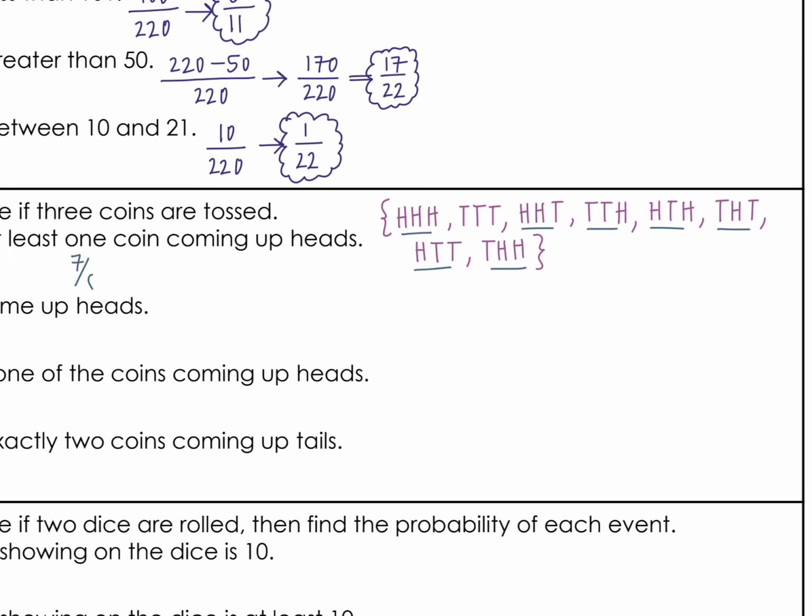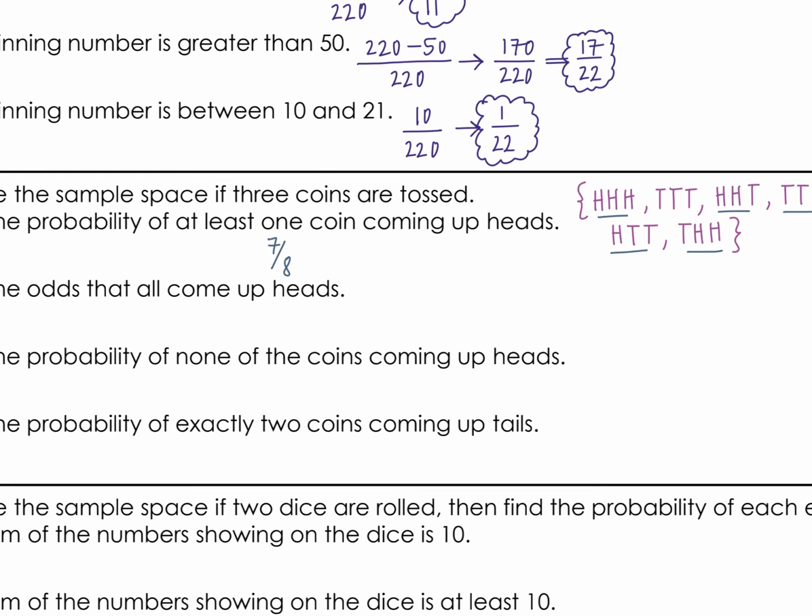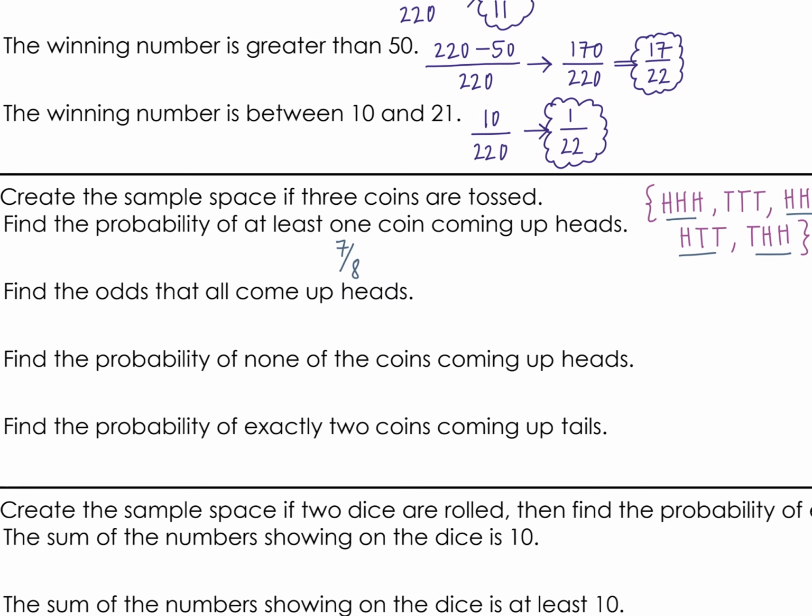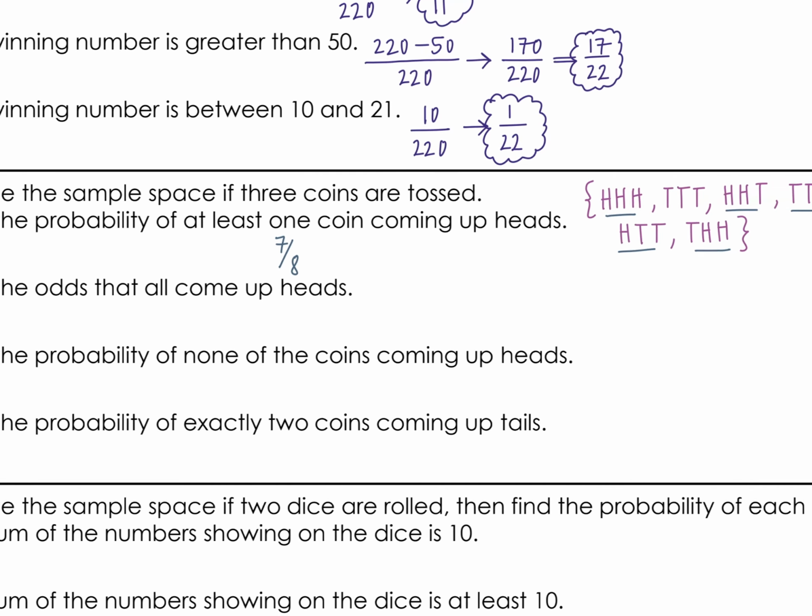So 7 over 8, my total. Then we have, what are the odds that they all come up as heads? Well, my success, that would be 1, over my failures, which would be that 7, which would give me my final answer.